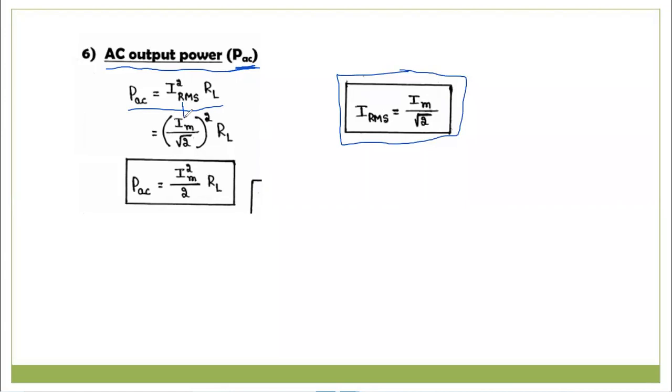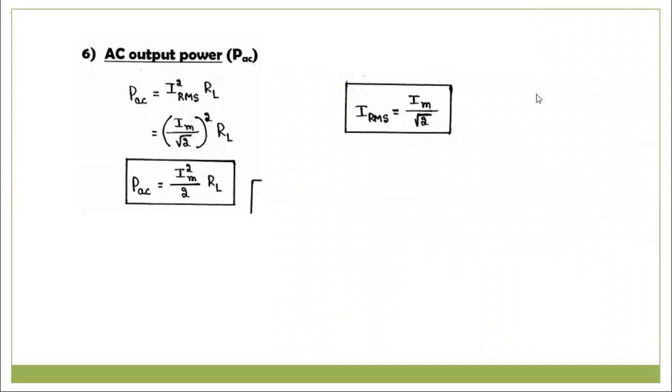Now IRMS is replaced by Im by root 2 whole square multiplied by RL. If I expand this, the root 2 square and the square get cancelled, and we are left with 2: Im square by 2 into RL. This is the formula for PAC: PAC is equal to Im square divided by 2 into RL.